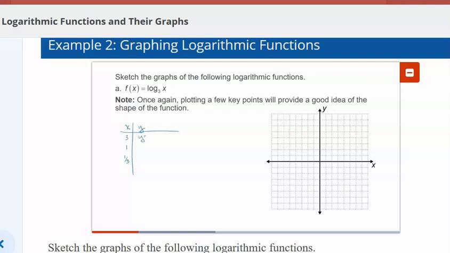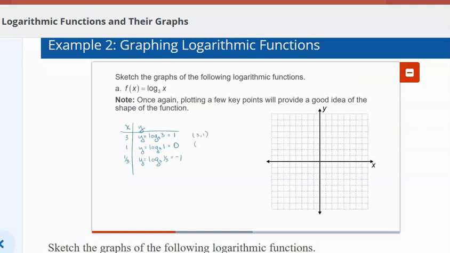So when x equals 3, y will equal log base 3 of 3, and that simplifies to 1. When I substitute in 1, I have y is equal to the logarithm base 3 of 1. That will give me 0. And then for the 1/3, if x is equal to 1/3, y is equal to log base 3 of 1/3, which gives me -1.